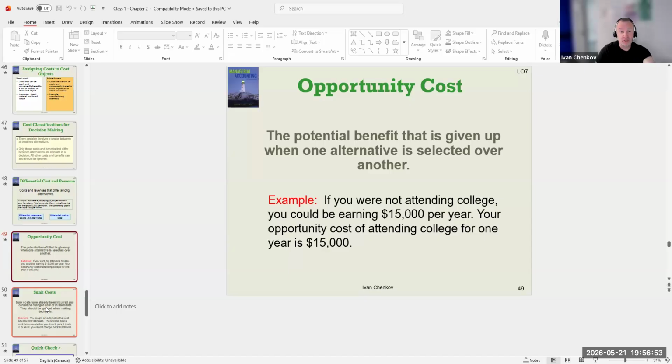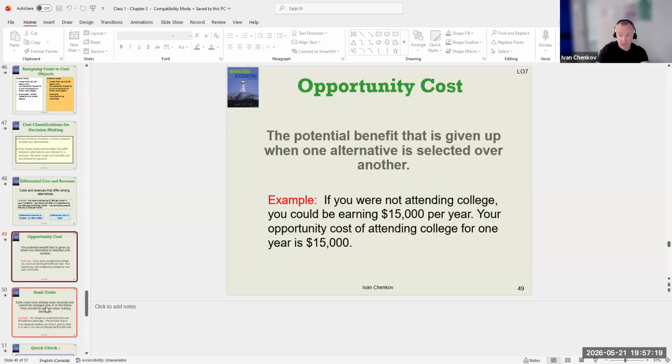Opportunity cost is the potential benefit that is given up if one alternative is selected instead of the other. For example, if you do not attend college, you can earn $15,000 per year. But you're attending college, so you have to consider that $15,000.